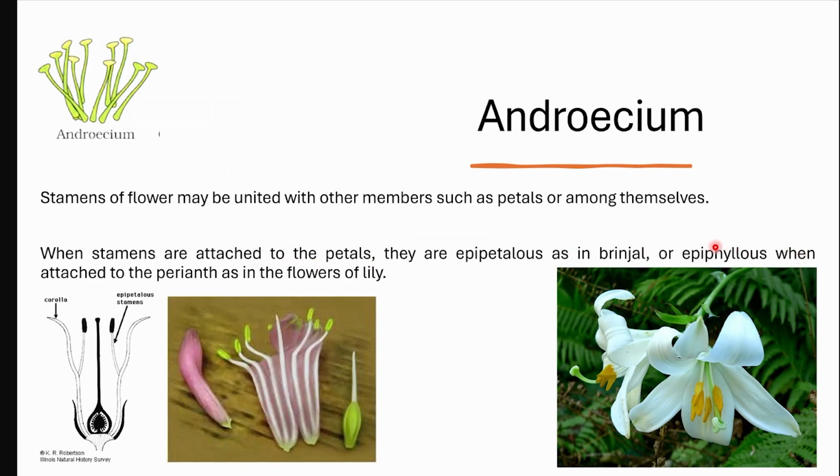Or epiphyllous when they are attached to perianth, as in flowers of lily. In the perianth, the sepals and petals are fused together. If they are attached to the perianth, it is known as epiphyllous. If they are attached to petals, they are known as epipetalous.